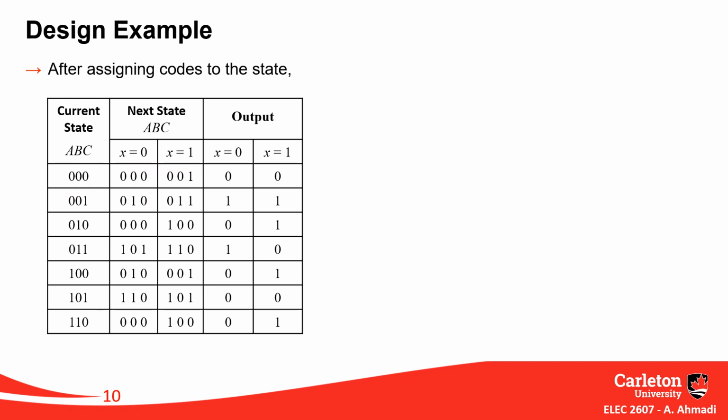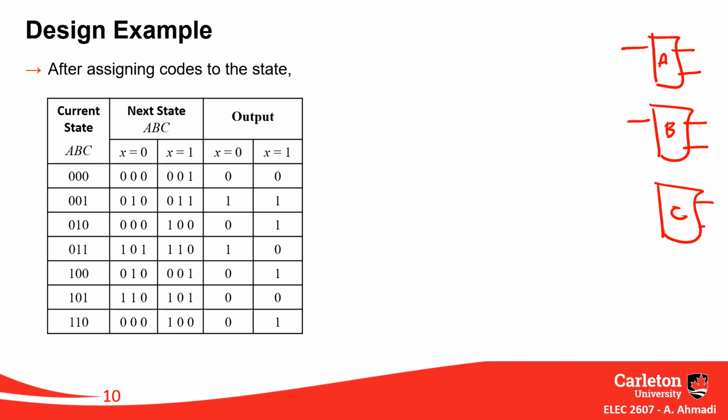Now, I want to design this using, let's say, D flip-flops. So the goal is 3 D flip-flops, 1 flip-flop for A, 1 flip-flop for B, 1 flip-flop for C, as I mentioned in the previous slide. All of them are clocked.